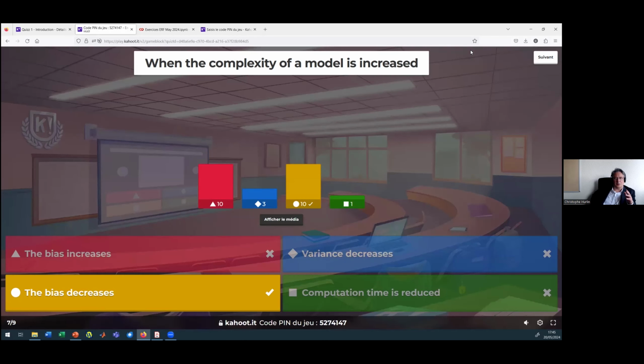Great. The bias decreases, because we consider the bias in sample. When you increase the model complexity, the bias mechanically decreases.